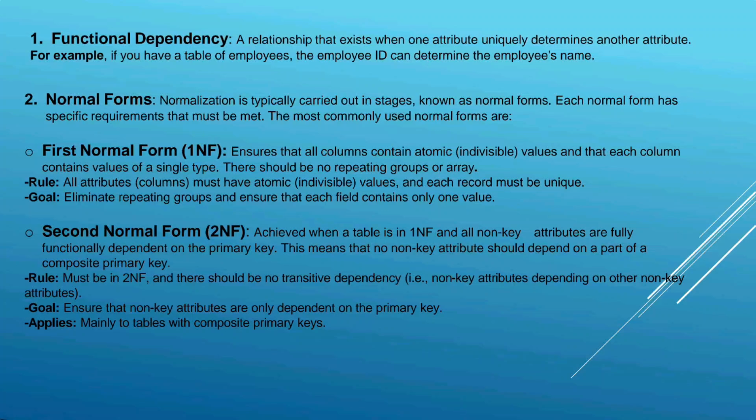Rule: must be in 1NF and there should be no partial dependency. Goal: ensure that non-key attributes are only dependent on the primary key. Applies mainly to tables with composite primary keys.